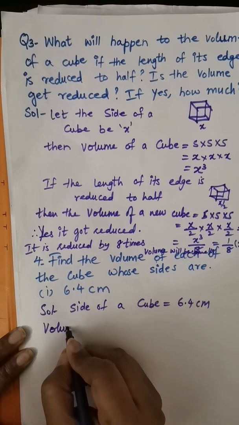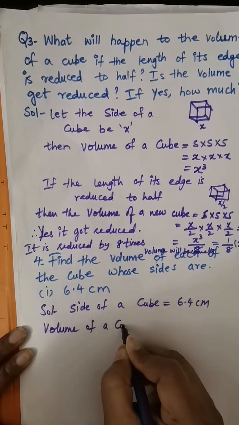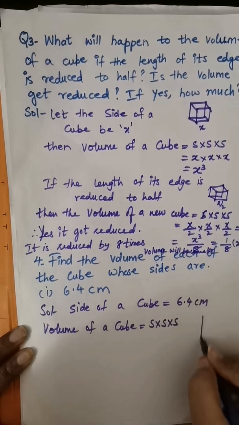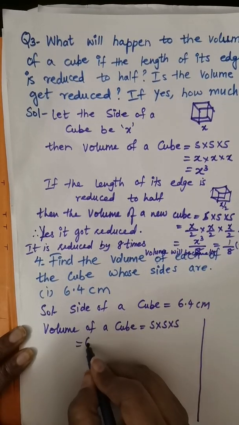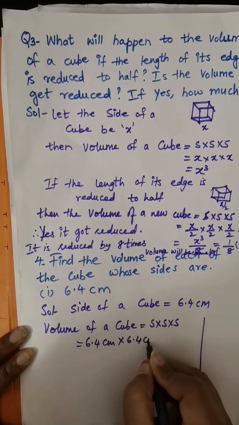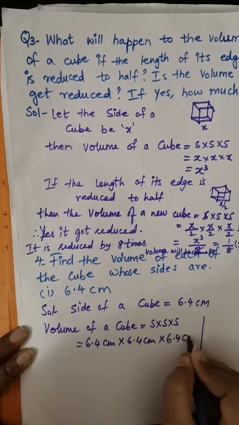You have to find the volume of the cube. The formula is side into side into side. We'll make a rough column. 6.4 centimeter into 6.4 centimeter into 6.4 centimeter.